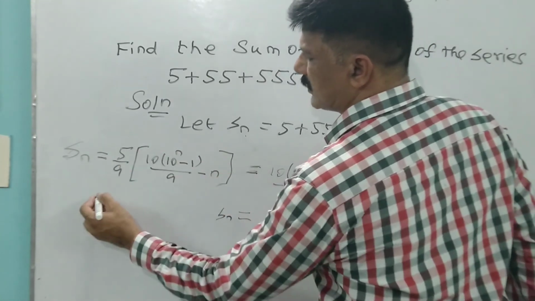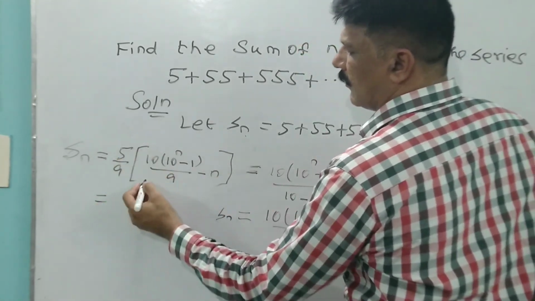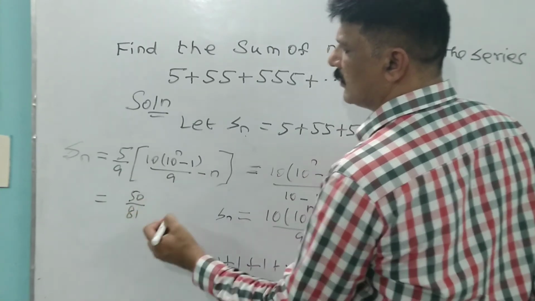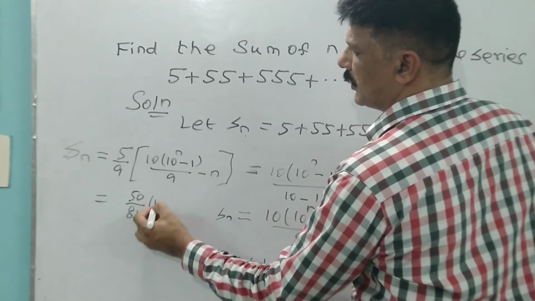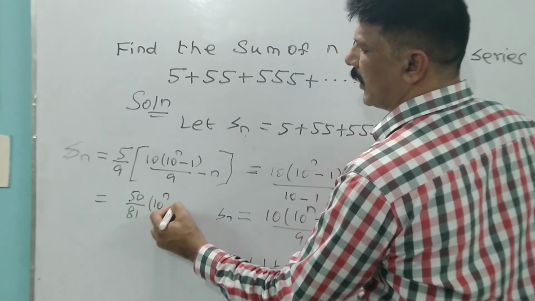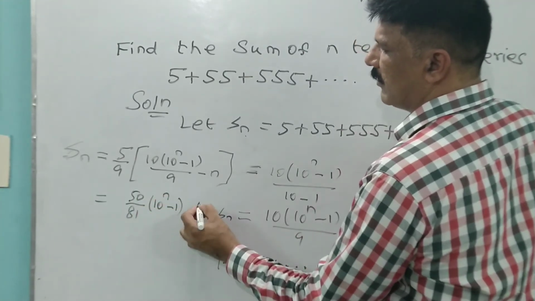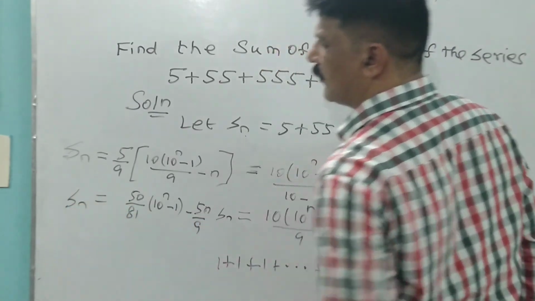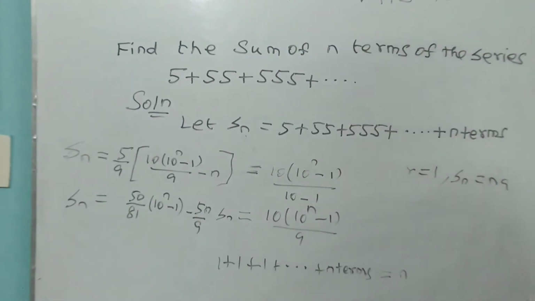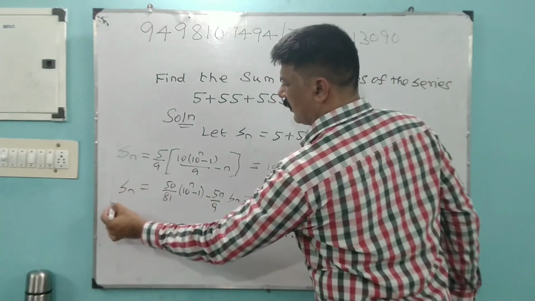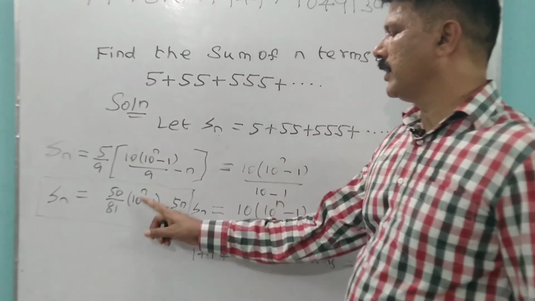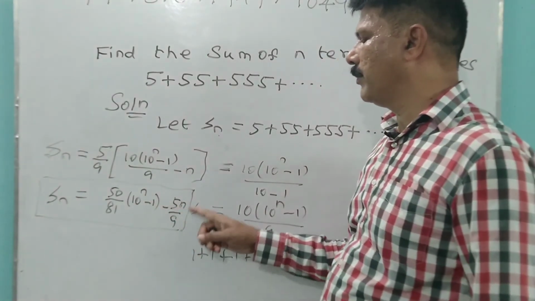When we take 5 inside, 5 tens are 50, by 9 nines are 81, into 10 power n minus 1, minus 5n by 9. This is the sum of n terms of the given series. The answer is Sn equals 50 by 81 into 10 power n minus 1 minus 5n by 9.